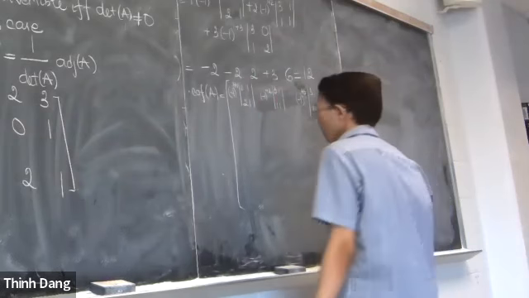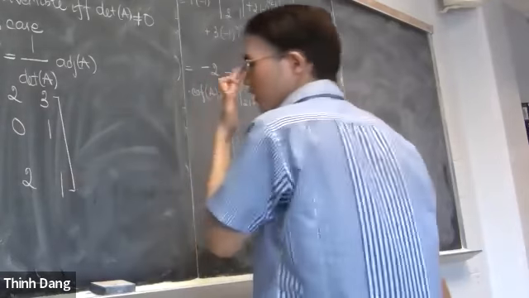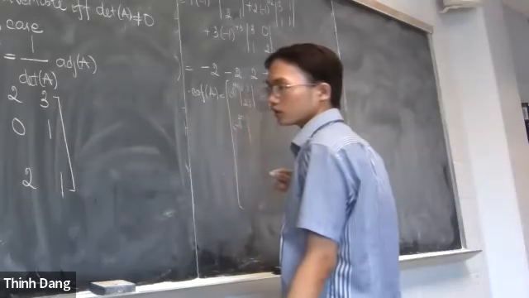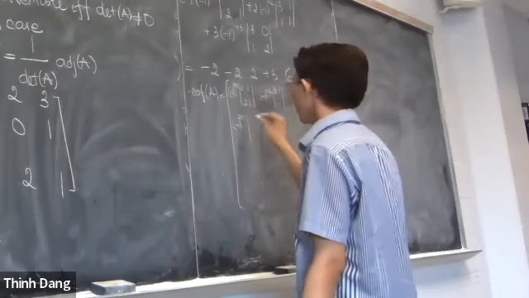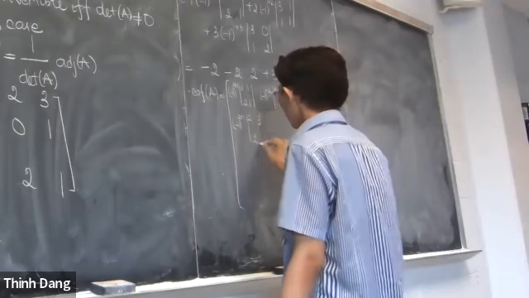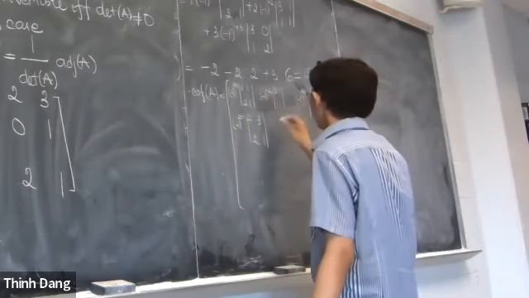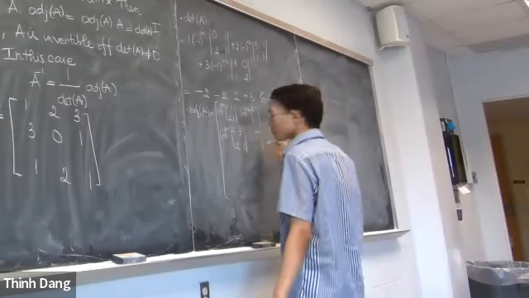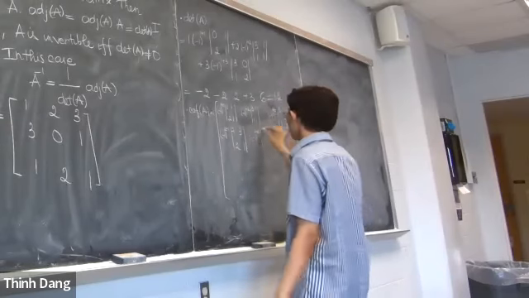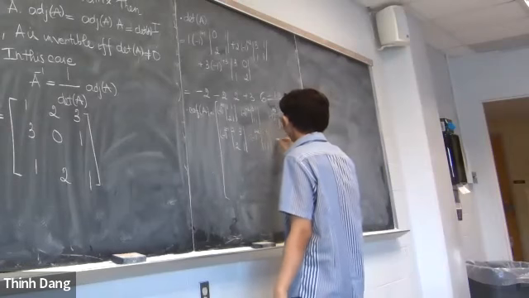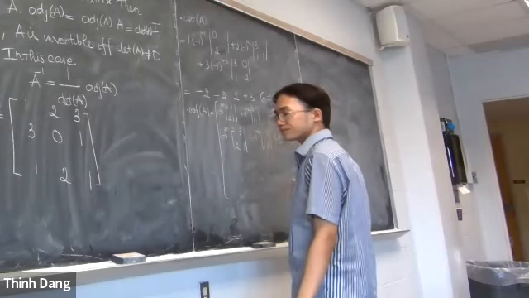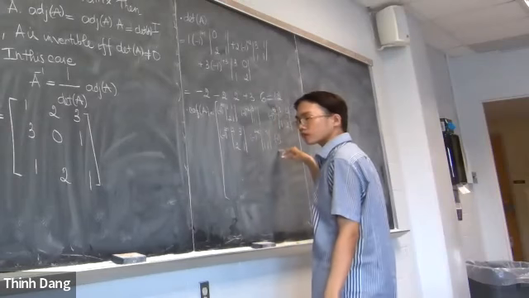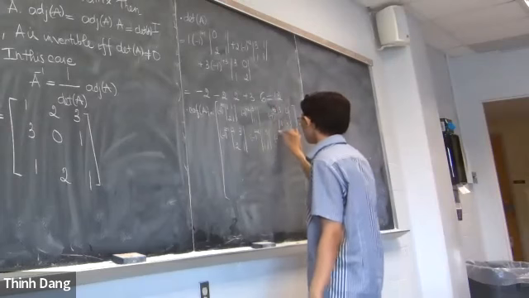So that is the first row. The second row: negative 1 to the power of 2 plus 1, multiplied by the determinant of 2, 3, 2, 1. You can continue doing this. Then 1, 3, 1, 1. Where were we? Oh, this is 2 plus 3.